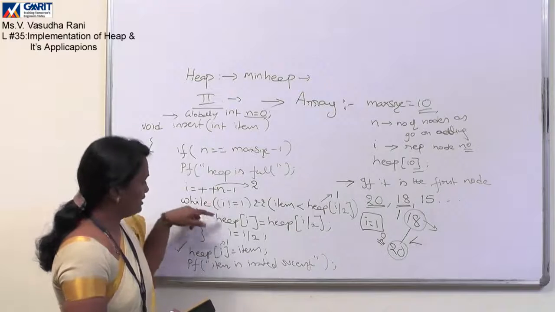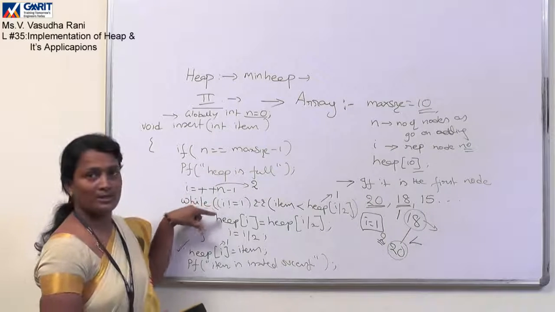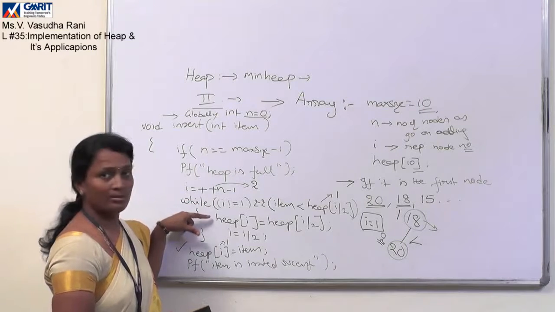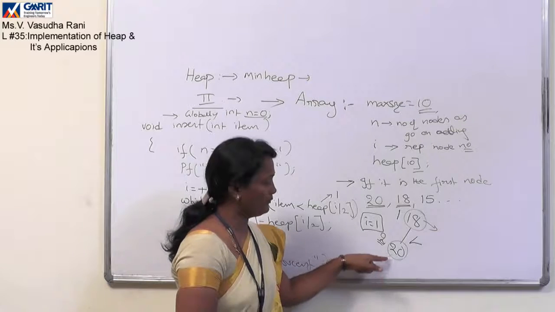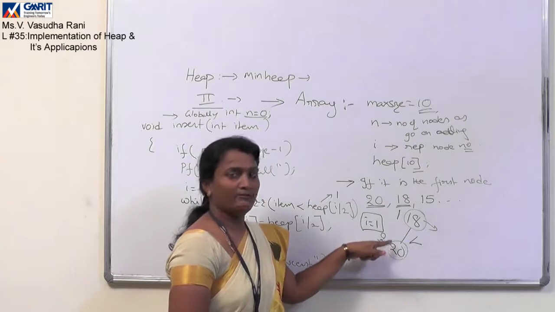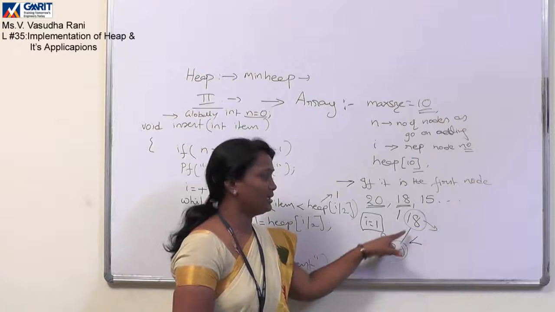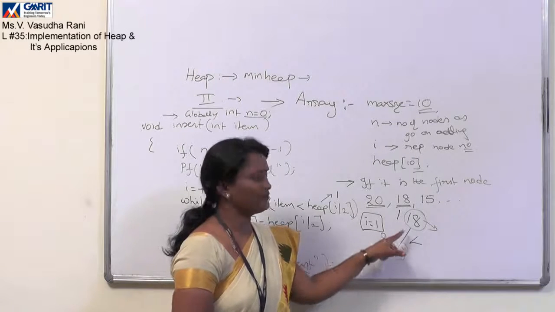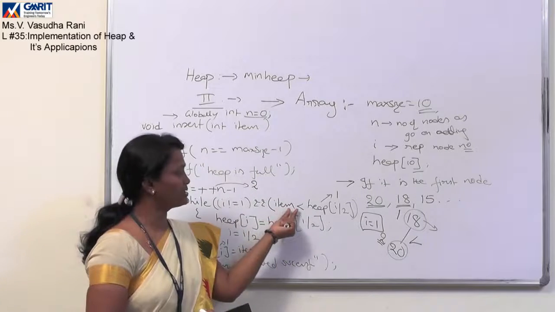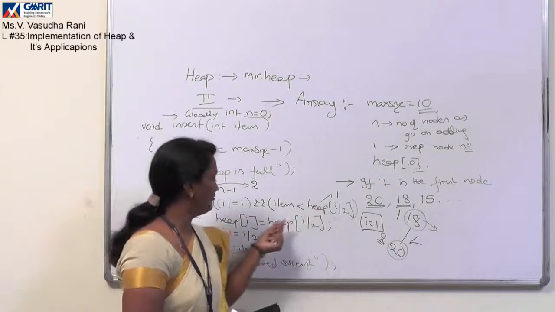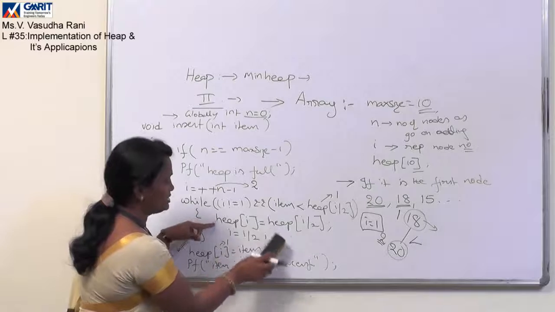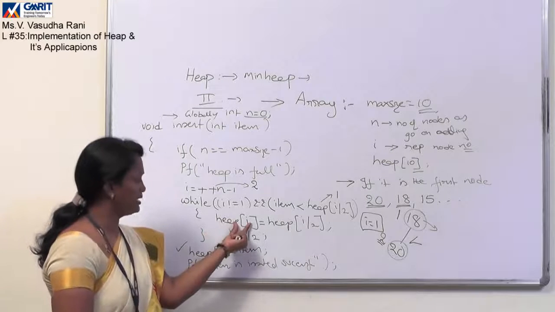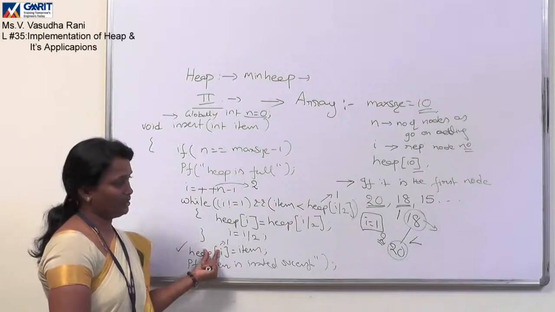So with this repetitive set of instructions, before adding the new item, we can check whether it is satisfying the heap order property or not. If it is not satisfying it, if the item is less than this, we have to swap items with this statement and this statement.